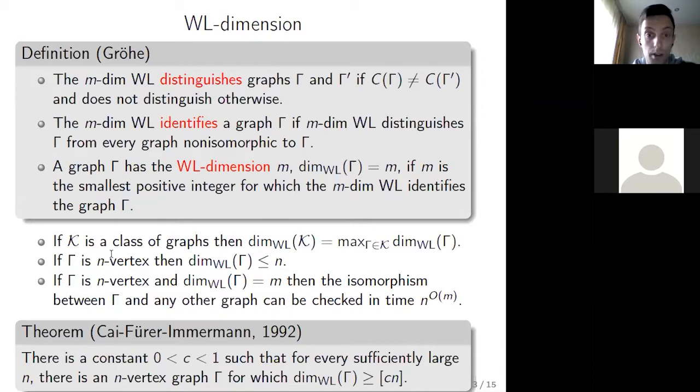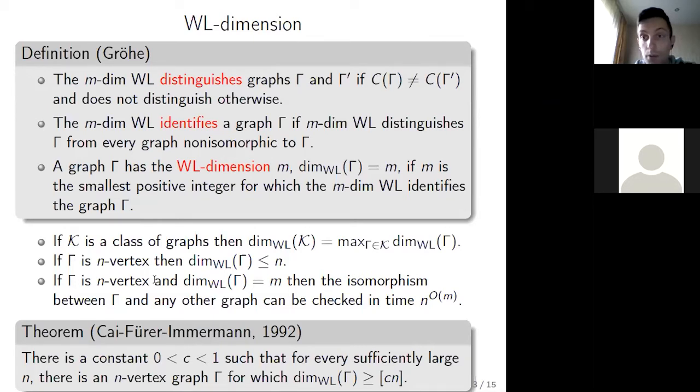So the WL dimension does not exceed the number of vertices. And if gamma is an n-vertex graph again, and its WL dimension is equal to m, then the isomorphism between gamma and any other graph can be checked in time n to the power of a linear function of m.